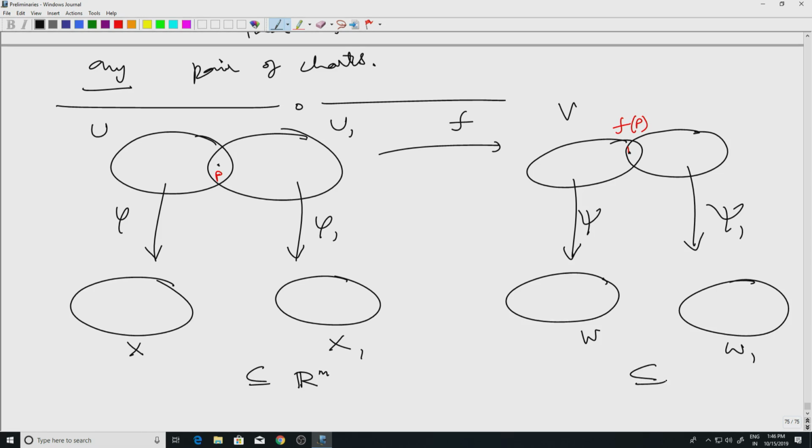These two are open sets in Rn. Let me stop at this stage, and next time I'll continue with this picture and go into details about where exactly the transition function condition plays a role. So let's stop here. Thank you.